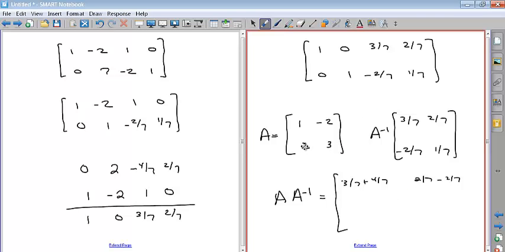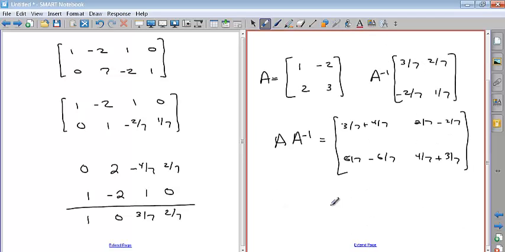Okay, here you take 2 times 3, so that's 6/7. And then you take 3 times -2, which is -6/7. And then to find this one, you take this row versus this column. So you get 2 times 2 is 4, 4/7. 3 times 1 is 3, so you get plus 3/7.